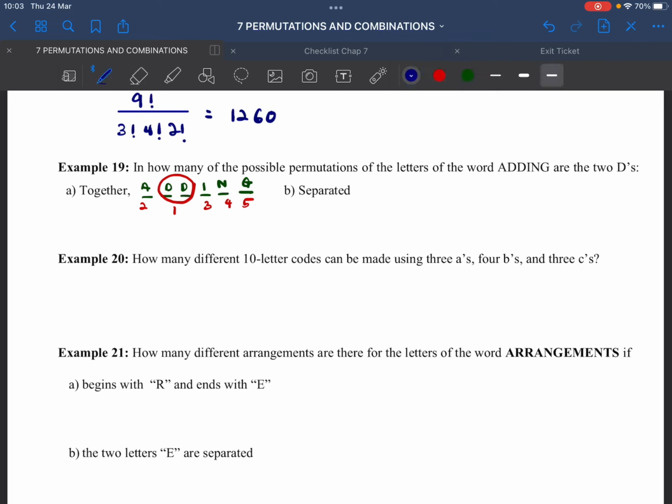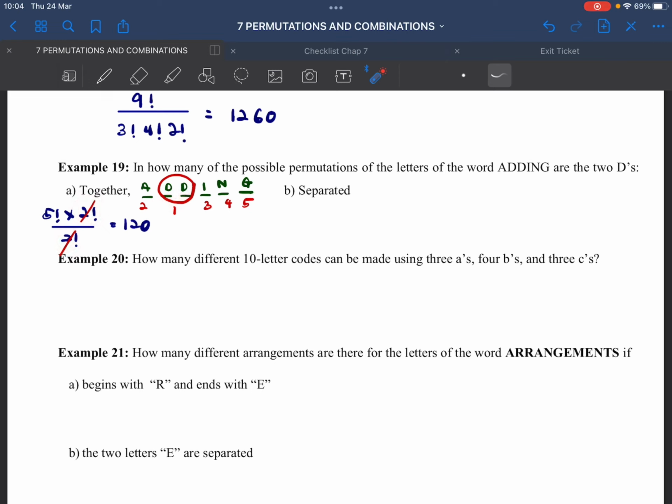Okay, kita tulislah 5 factorial darab 2 factorial for the D's. Tapi ingat, D tu berulang, so you have to divide by 2 factorial. So straight away kita dapat 120, sebab ini akan cancel out. Okay, 2 factorial sebab 2D ni boleh bertukar tempat. 2 factorial sebab repeated object.